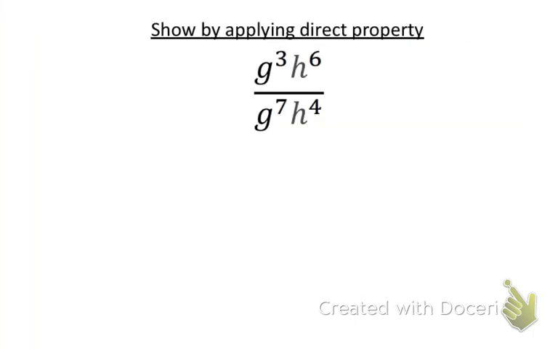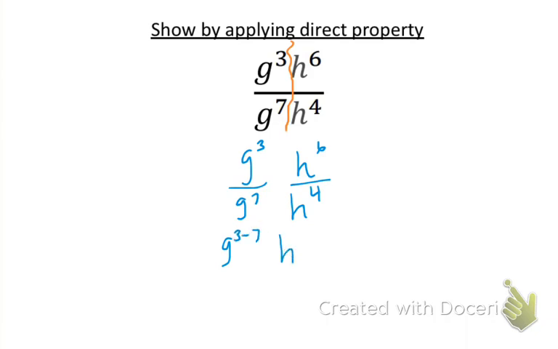Let's apply the direct rule. Let's not expand, because yeah, it takes too long. So the first thing I'm going to do is split these two up. We just learned that when it's division and bases are the same, we can subtract the exponents. So g to the 3 minus 7 is g to the negative 4th. H to the 6 minus 4, that is a positive 2.